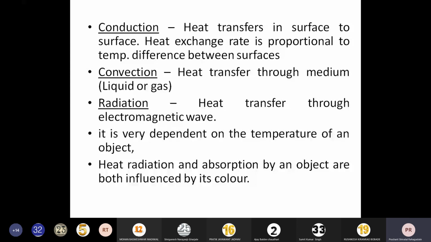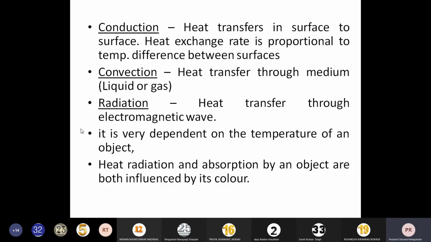But when this wave will strike to any material or object, then their energy is transferred into heat. Okay. So just keep in mind, भाई अगर इलेक्ट्रोमैग्नेटिक वेव से में जा रहा है तो that is called as radiation.